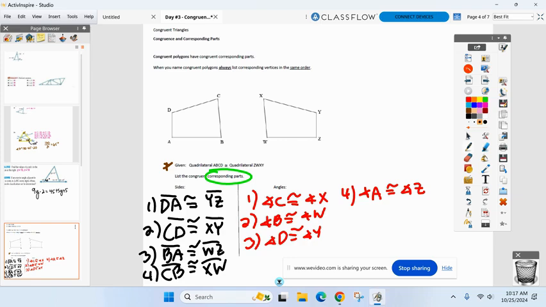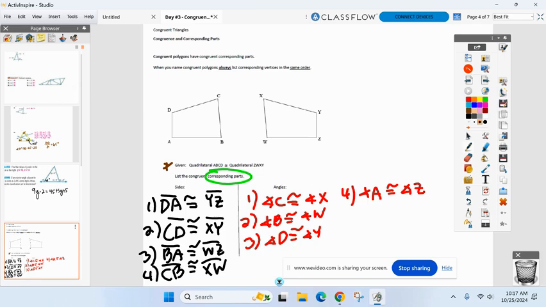I also have a secret before I let you guys go to the next one. As I started calling on all these people and they started telling me those sides and angles, I never once looked at the diagram to see if they were correct. And it's not because I've memorized this, because I've been doing this for 800 years.